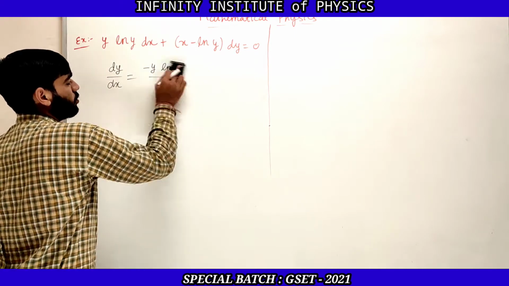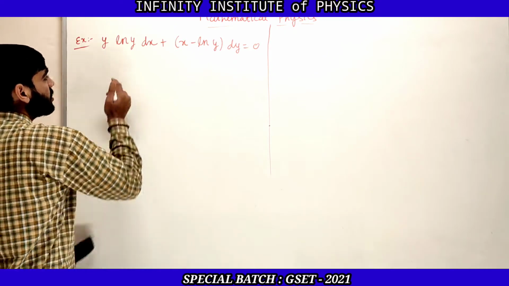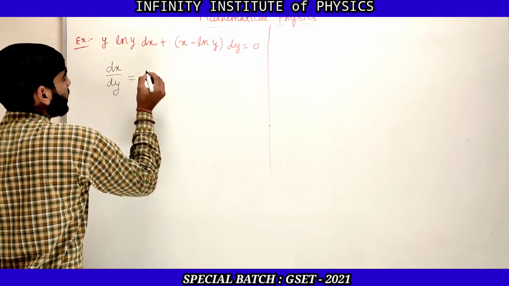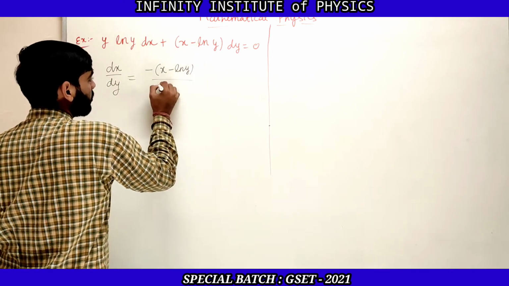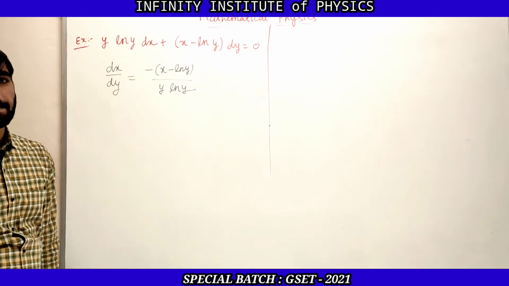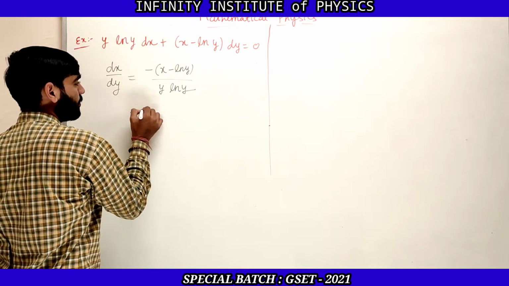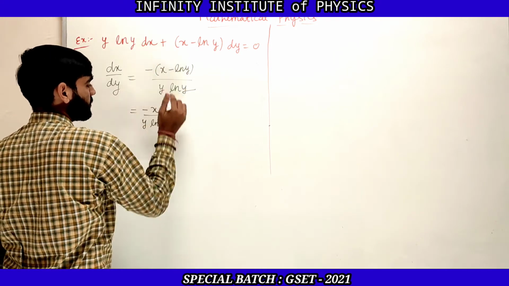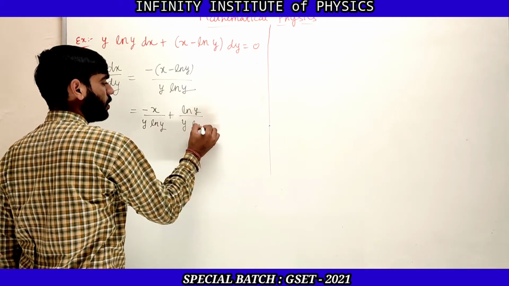So now let us try to write it by taking dx by dy as the subject. If dx by dy is the subject, then it will be minus of x minus log y upon y log y. Let us divide by y log y each term, then it will be minus x upon y log y, minus minus plus log y upon y log y.